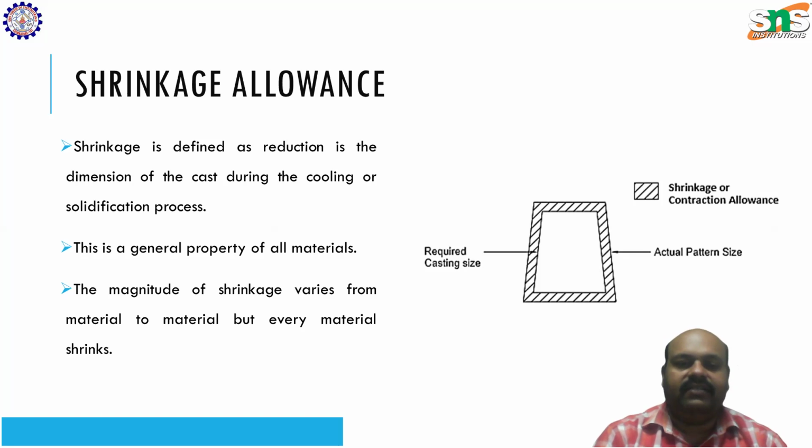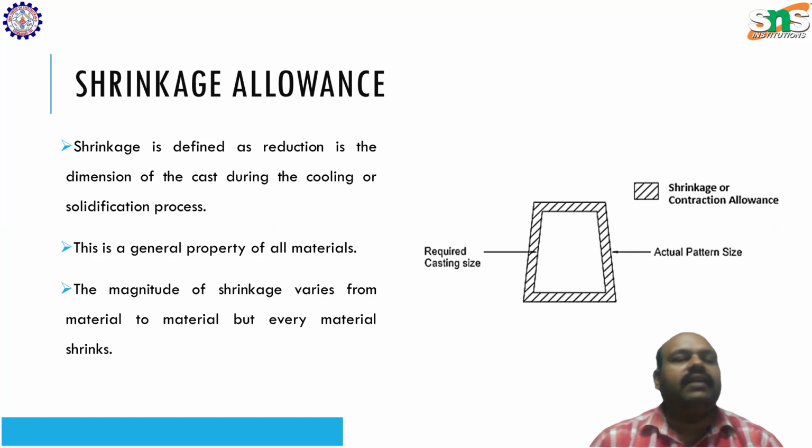So in that context, we need to give some allowance to the pattern. For example, consider the rib shown here, where the total height and the total width of the bottom part are 50 by 100.